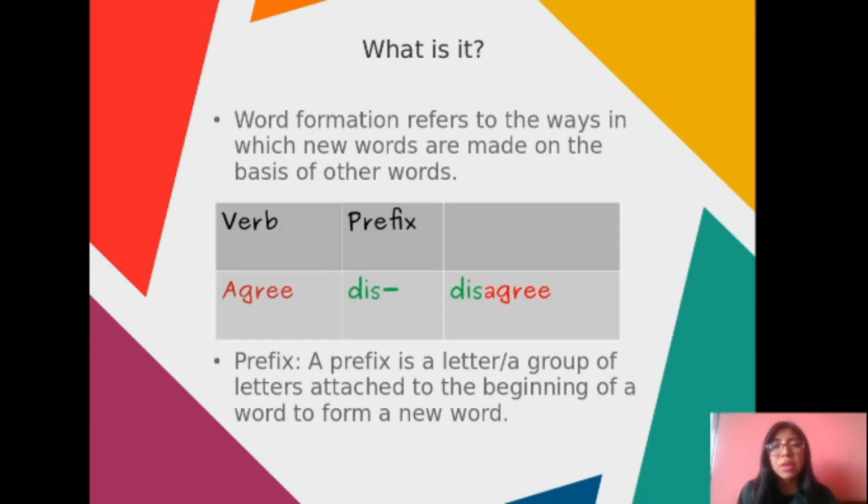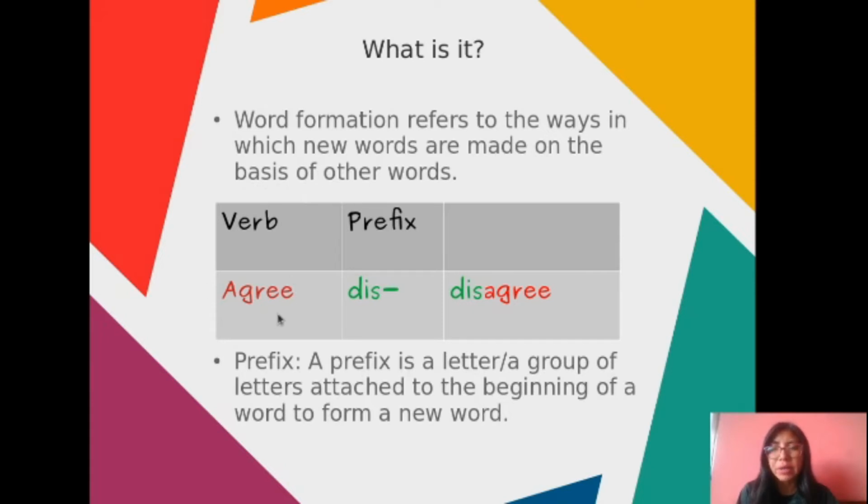But today we are going to learn how to create words using prefixes, okay? So here we have an example, okay?